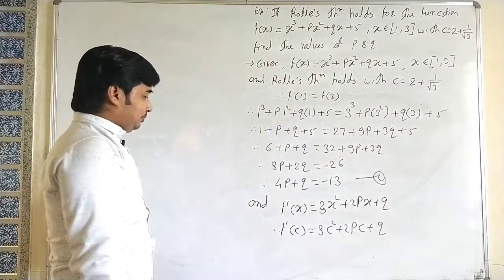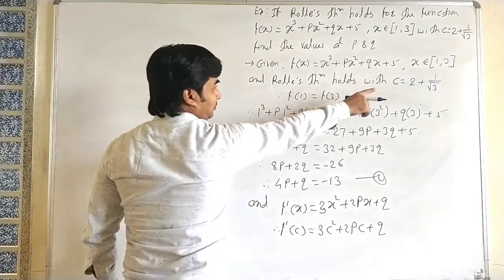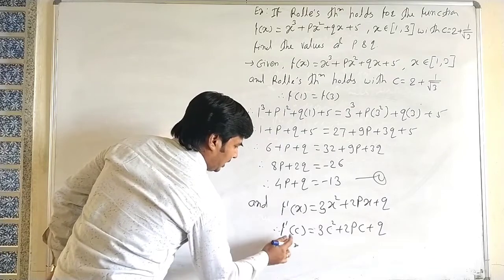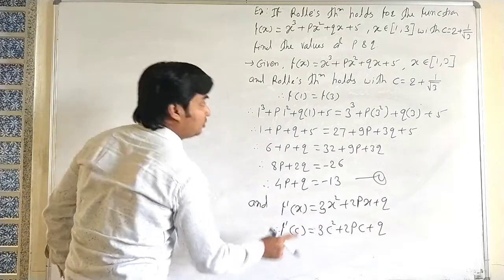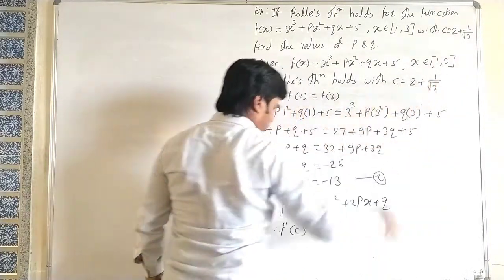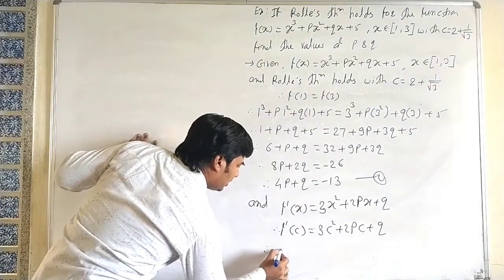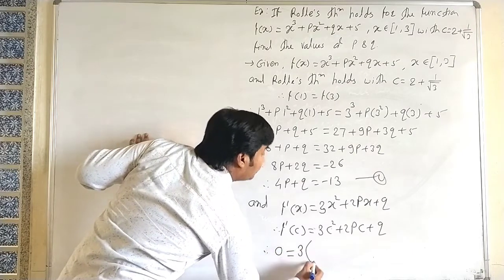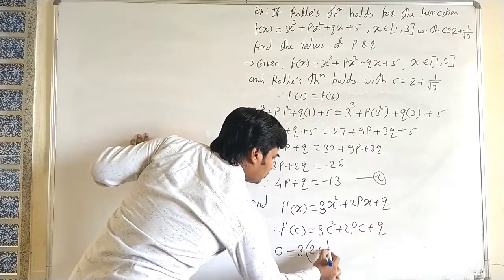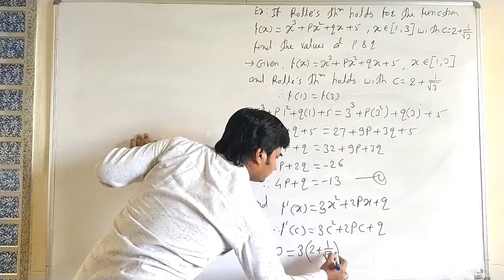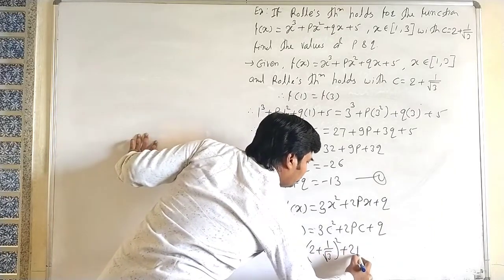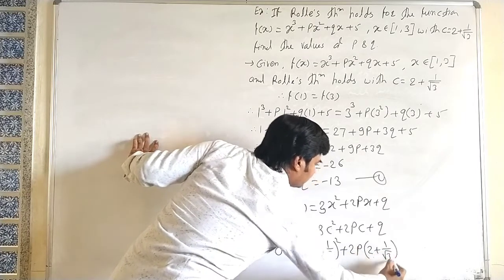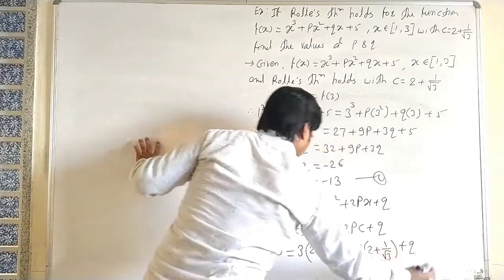Now c is given, 2 plus 1 by root 3, and f dash of c equal to 0. Therefore this can be written as 0 is equal to 3 into 2 plus 1 by root 3 square plus 2p into 2 plus 1 by root 3 and plus q. Now calculate this.